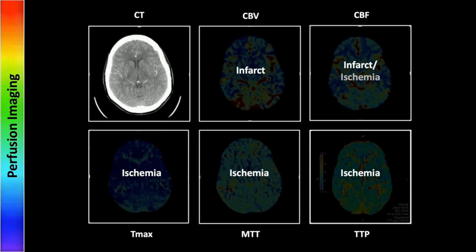The CBF tends to overestimate the region of infarct, as there is some crossover and it does display some ischemic tissue. The bottom row, Tmax, MTT, and TTP, are all best to depict ischemic tissue. And it's the difference between the size of that infarct, demonstrated in the top row, and the region of ischemia in the bottom row that enables you to determine those patients with a penumbra of salvageable brain tissue.